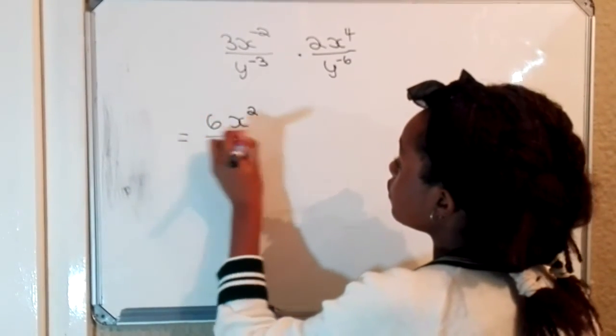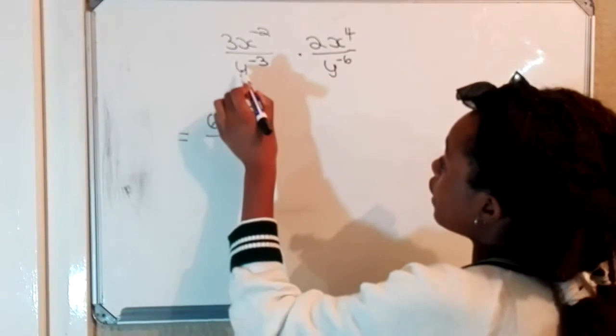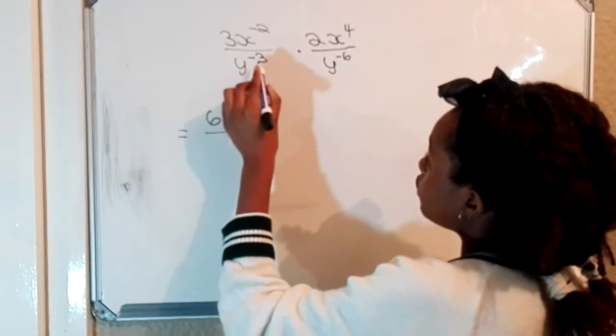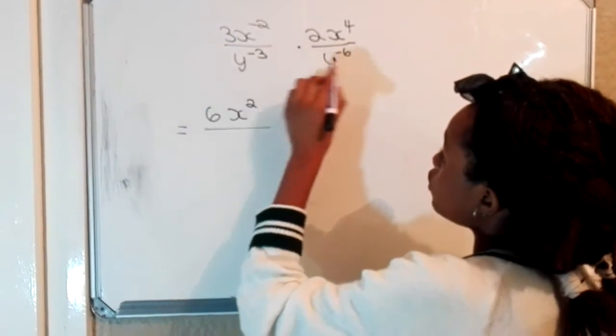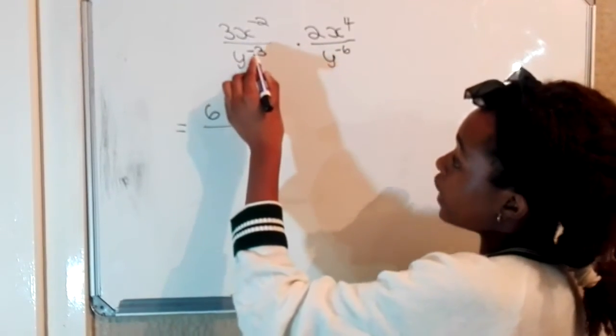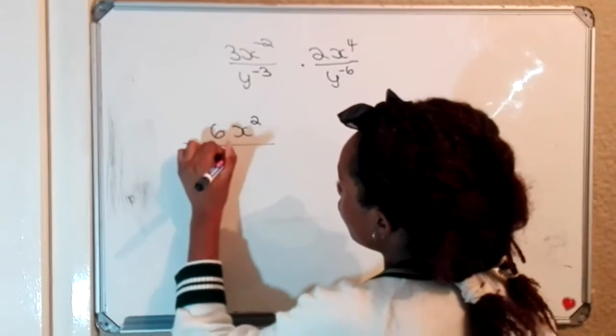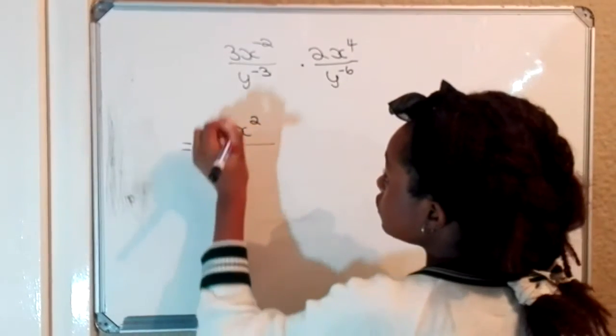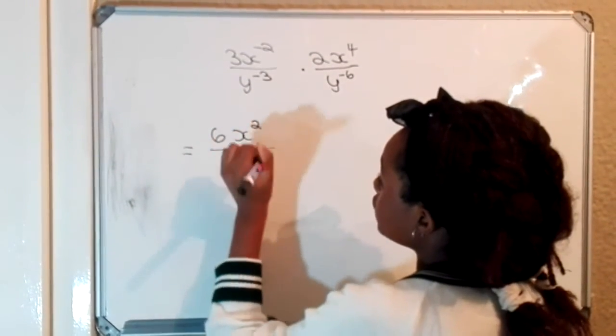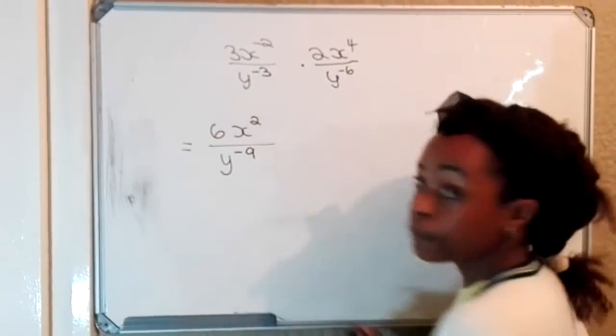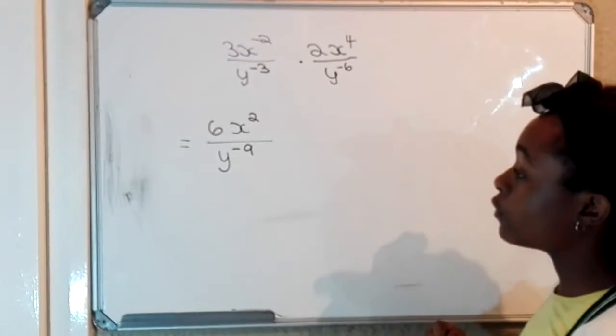And then I'll multiply this, so I have y to the minus 3 times y to the minus 6. We add the exponents because we have common variables, so minus 3 plus minus 6 gives you y to the negative 9, okay? So this is what we have now.